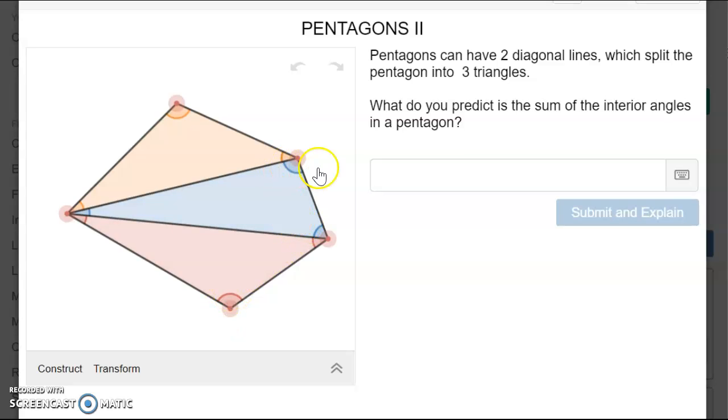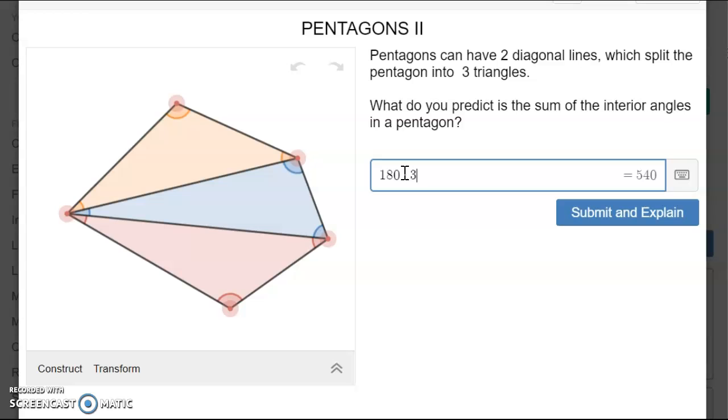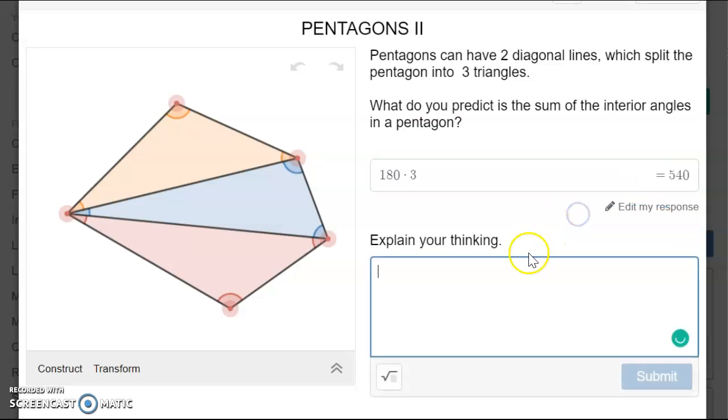That means it's going to be 180 times 3, and that's going to calculate to 540 degrees. And you're going to explain how you got there.